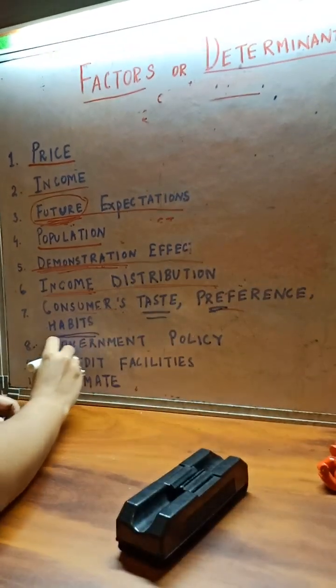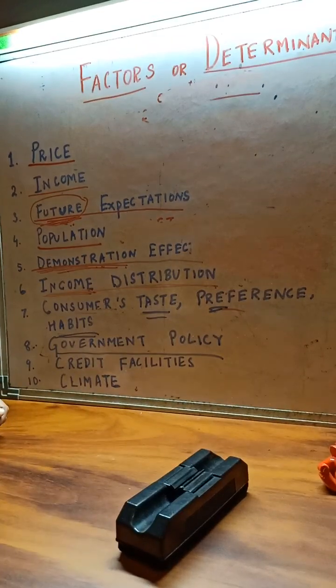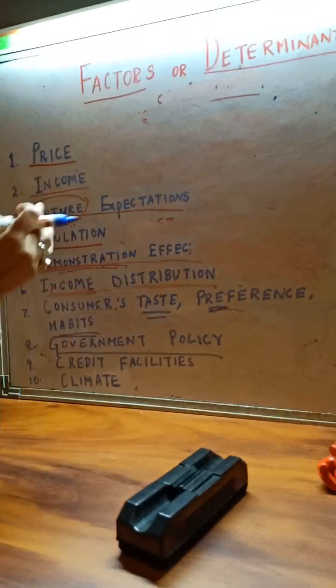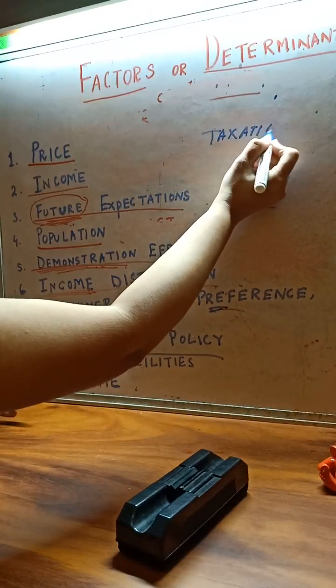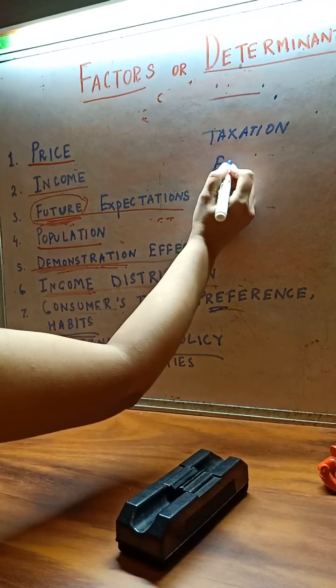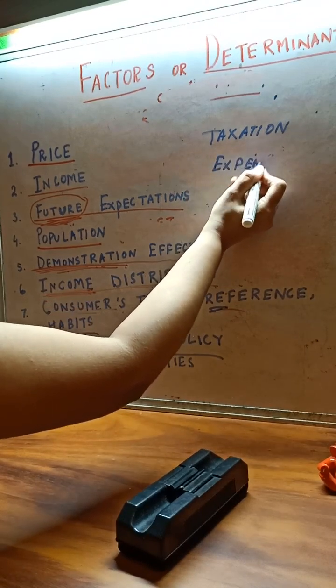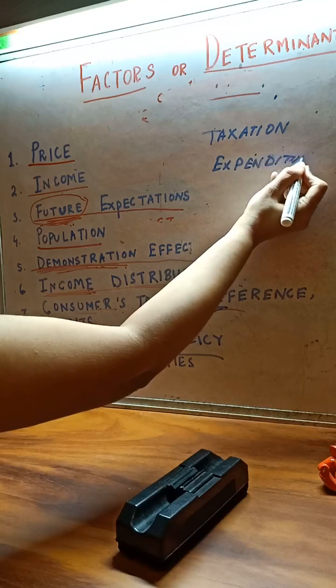Next is government policy. Now, what do you mean by government policy? Government policies are policies related to taxation. It could be policy related to expenditure, investments, all these are government policies.